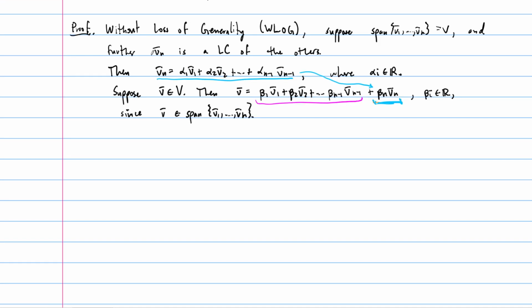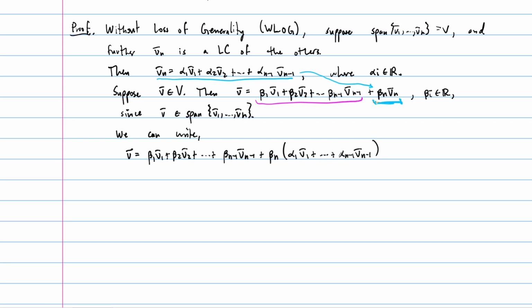So we can write the following. Therefore, our V is going to be equal to beta 1 V1 plus beta 2 V2 plus all the way up through beta n minus 1 V sub n minus 1 plus beta n times, and then we get our alphas involved: alpha 1 V1 plus all the way through alpha n minus 1 V n minus 1.